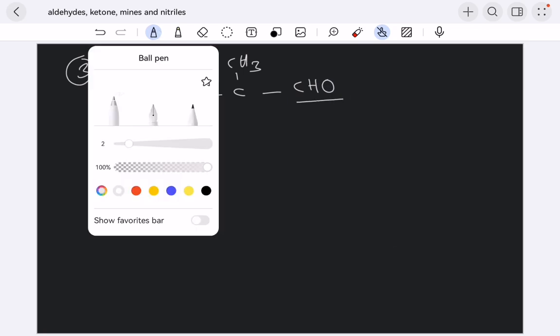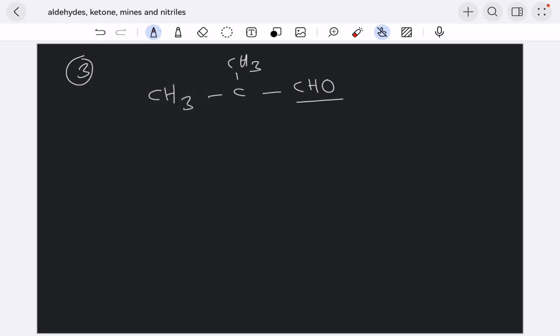Let's say we have something like CH3, CH3, CHO. Remember this is a functional group, meaning your counting should always start from the functional group.